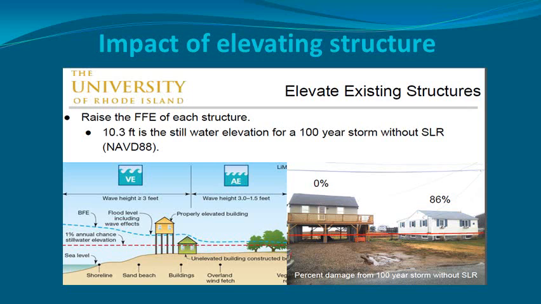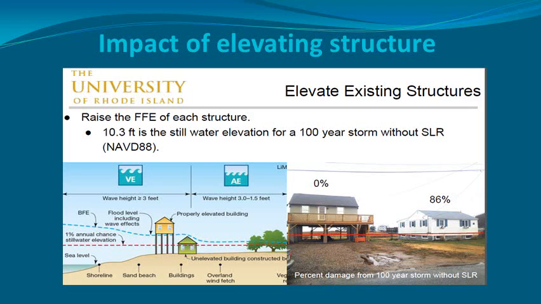So if you have a structure that is not elevated and gets taken off its foundation, it will then move with the surge, crash into one, and even if that structure is elevated, potentially take it out. So while this is a very good planning tool for us to estimate and identify those areas that are truly at risk, it also is a problem for us because it still underestimates the damage that might potentially occur.